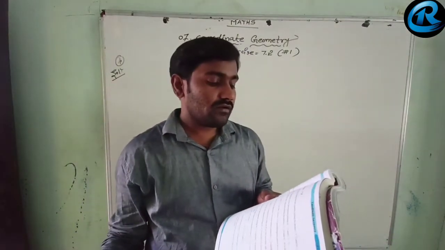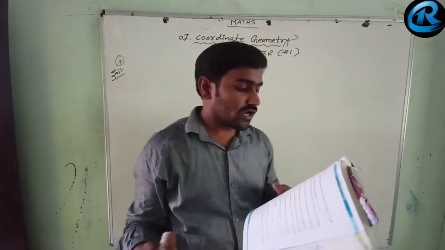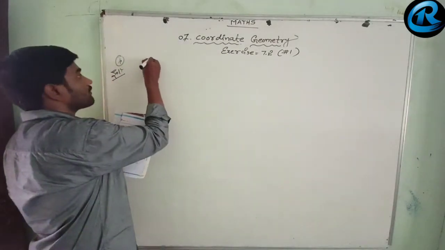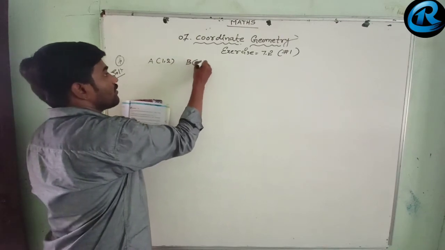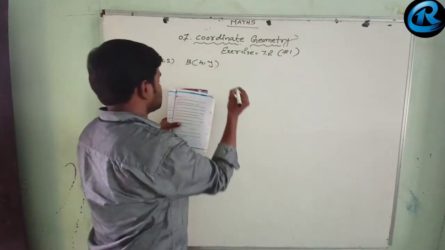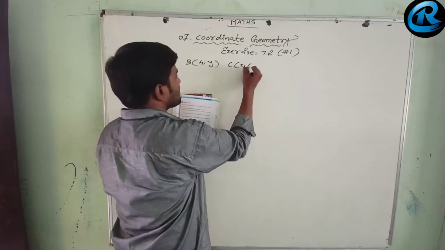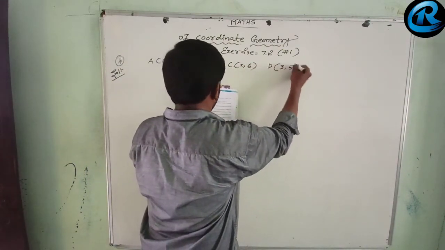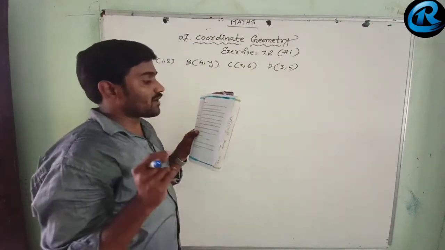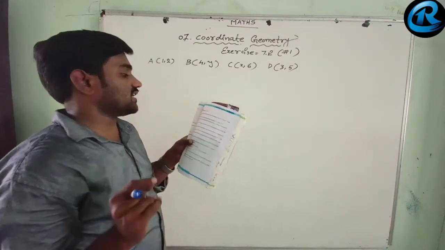If A(1, 2), B(4, y), C(x, 6) and D(3, 5) are the vertices of a parallelogram taken in order, find the x and y.